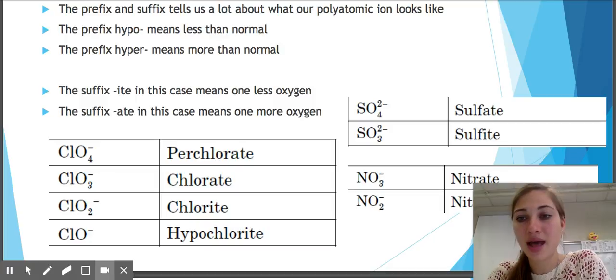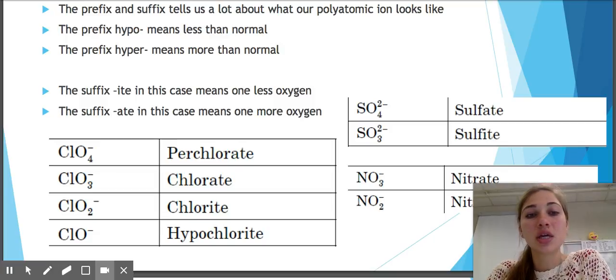So this is going to help you remember how to do this sort of rearrangement. So here we have ClO4 minus 1, ClO3 minus 1, ClO2 minus 1, and ClO minus 1. Like I said earlier, the prefix per means more.